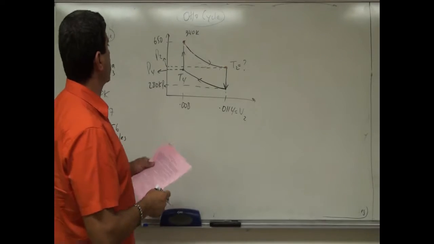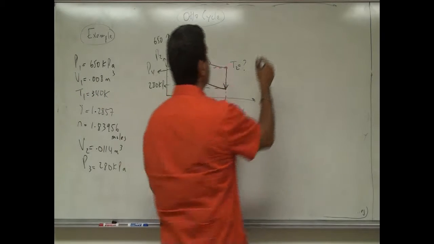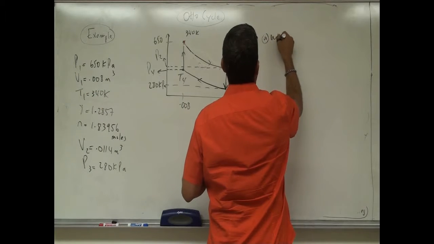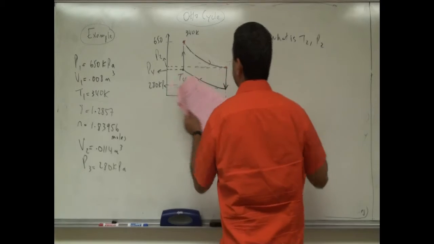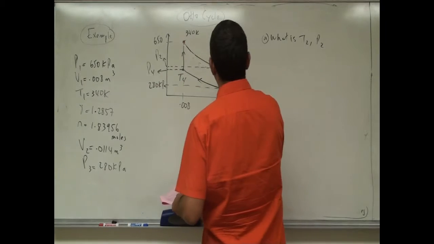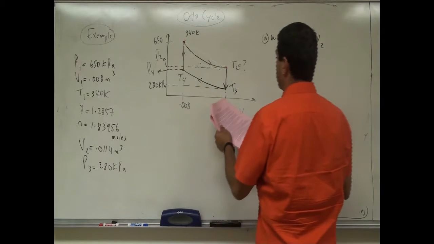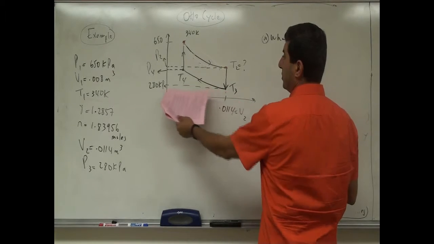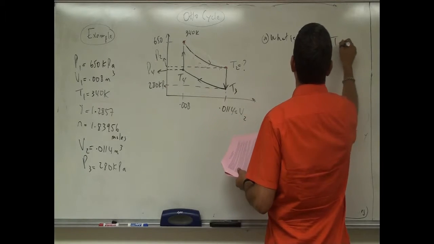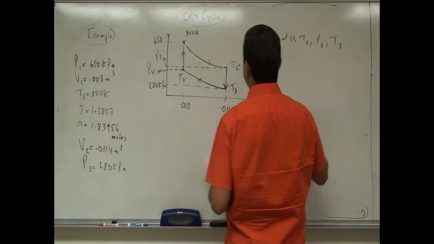So of course we want to calculate T2, what is T2, P2, right? And then over here, T3, we don't know, right? But the volume is the same. And P3 we already know. So calculate T3. And then also calculate T4.